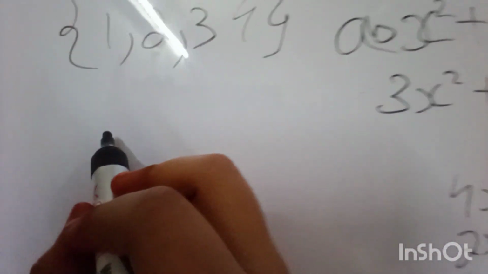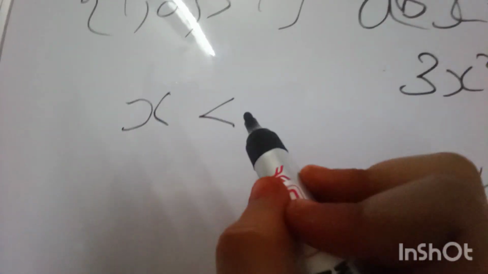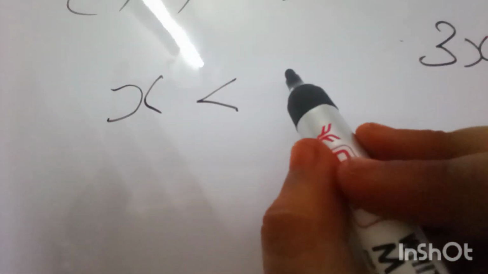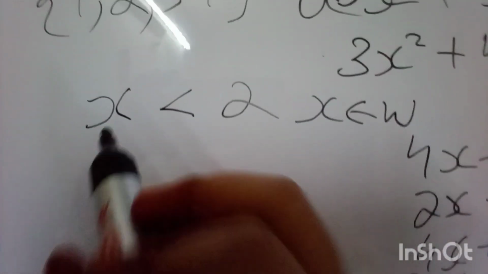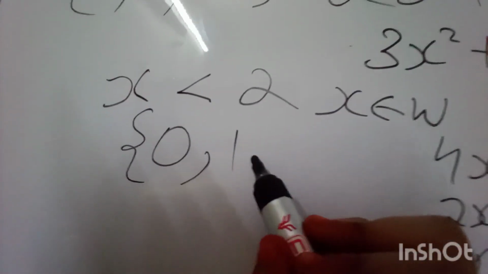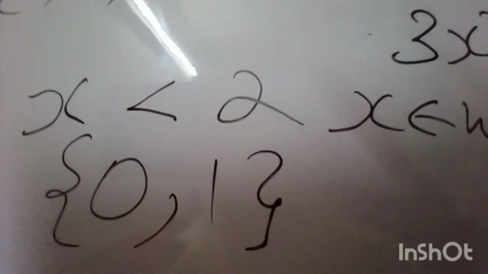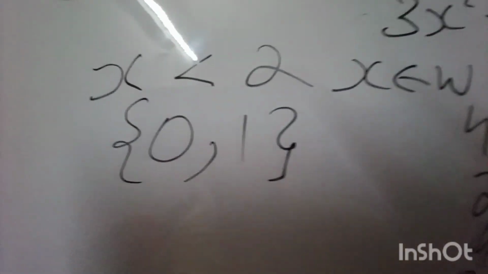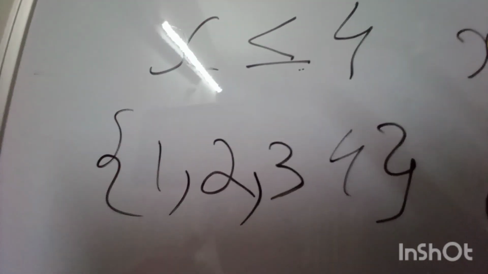Now I'll give you another example. x is less than 2, and x belongs to whole numbers. Now what are your set elements? Whole numbers start from 0, 1, and should I write 2 here? No, because there is no equal to sign over here. So we are not going to include 2, but here we had the equal to sign, so we included 4.